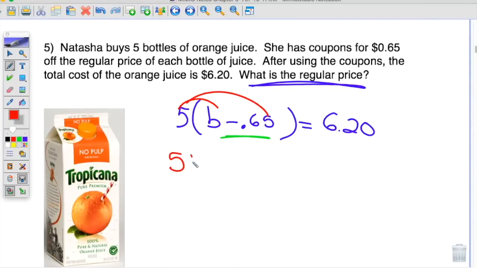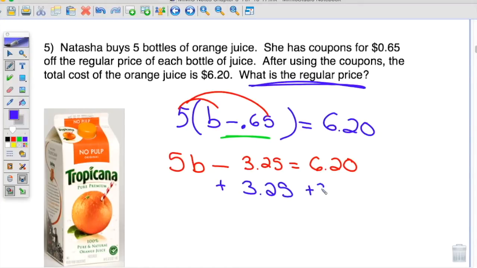So now it's 5 times your number of bottles minus, we don't have to change it to adding the opposite yet because we're dealing with all positives. And then 5 times 65 cents gives us $3.25 is equal to the total. The $3.25 is the savings of the 65 cents for the 5 bottles. So since we're subtracting that, we're going to add that discount to both sides.